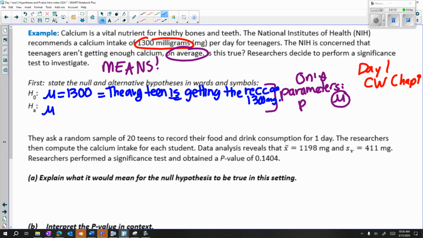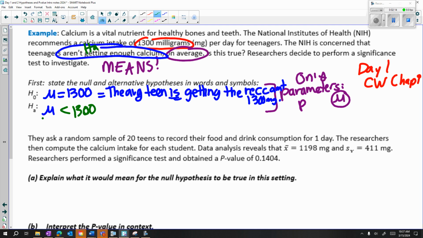Now, the alternative is like what we're presuming is true. What we're concerned with in this case is that the teens are not getting enough calcium. That is going to be your alternative hypothesis. And that kind of lends to a less than sign because we're thinking they're getting less than 1,300 milligrams of calcium. So you want to put a less than sign.